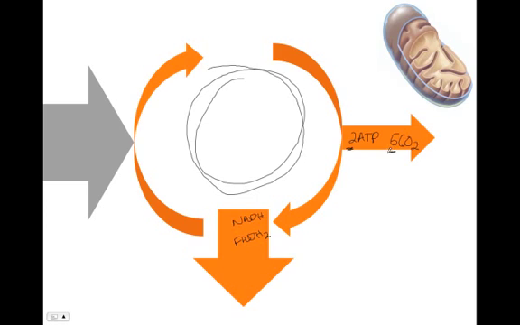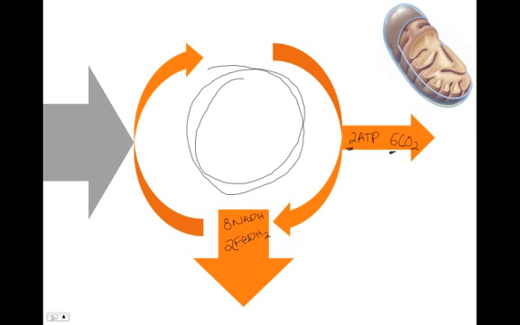We get 3 carbon dioxides out of the first turn, 3 carbon dioxides out of the second turn, and we'll get 4 NADH molecules out of the first turn and 4 out of the second turn. So we end up with 8 NADH molecules. The first turn will produce 1 FADH2 molecule. The second turn will produce another FADH2 molecule.